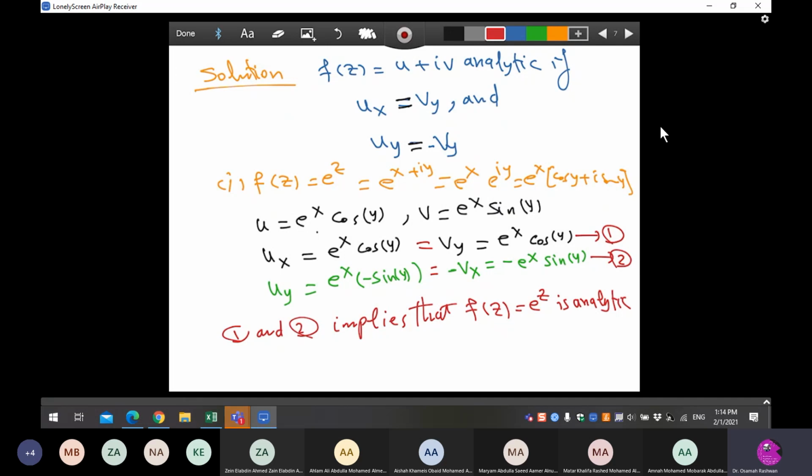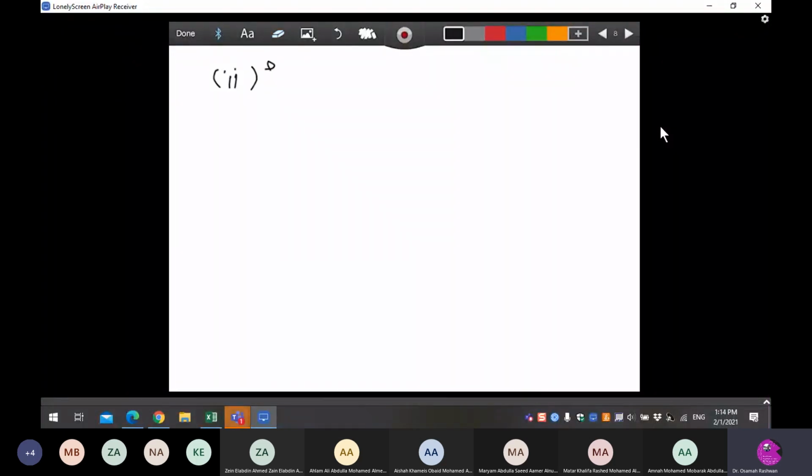Let's go for the next function, which is z square. We call it g of z equal to z square. What is z square, as Zain tells us?